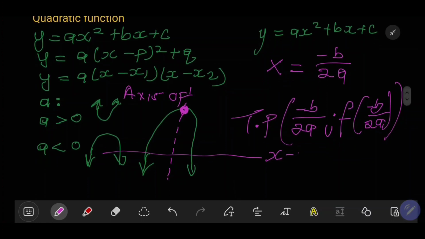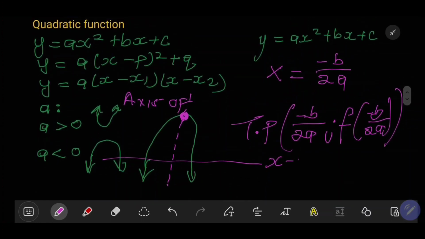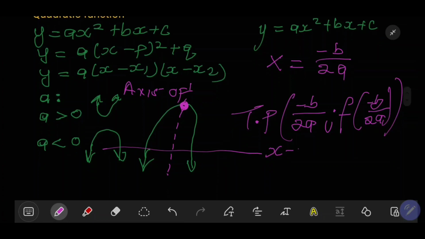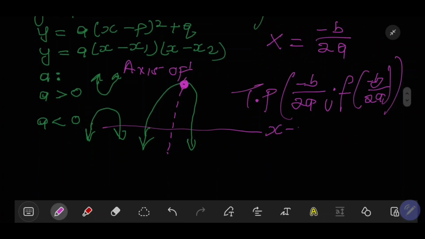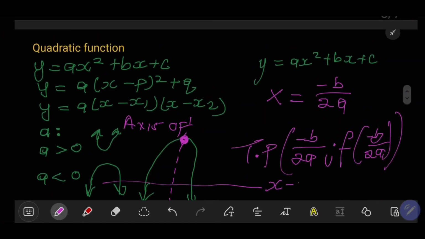Now let's talk about the effect of c in this equation. c has two effects again, but for now let's focus on only one. c in this case is the y-intercept, because when we find the y-intercept, we let the x value be equal to 0.